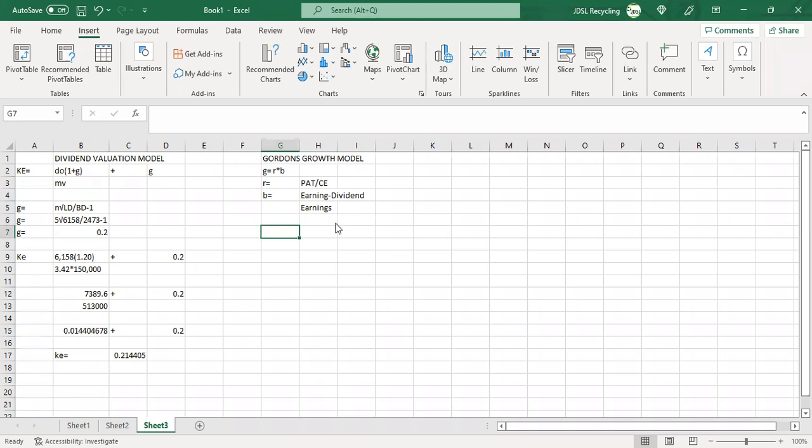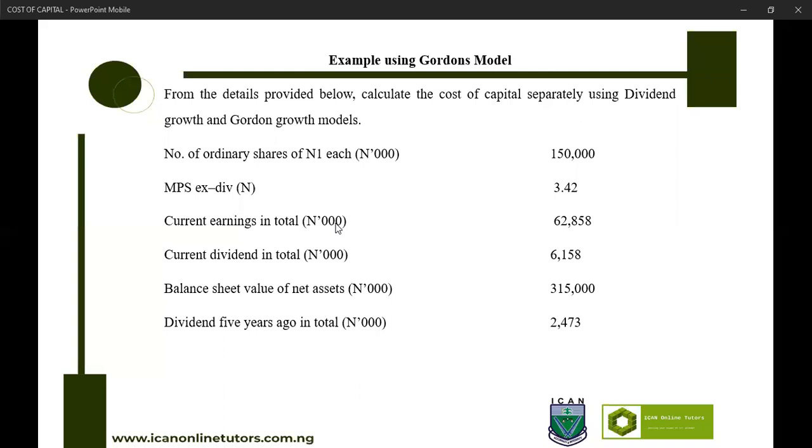What's our earnings from this question? It's 62858. All right. Current earnings in total 62858. And what is our capital employed? Balance sheet, 315,000. Okay, so let us determine our R first.